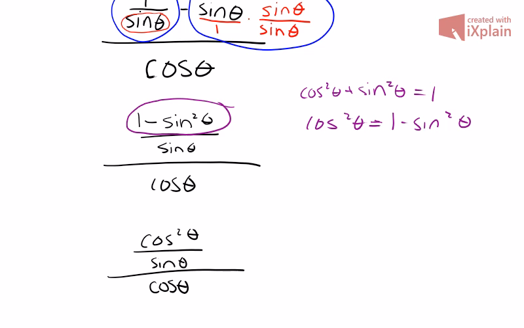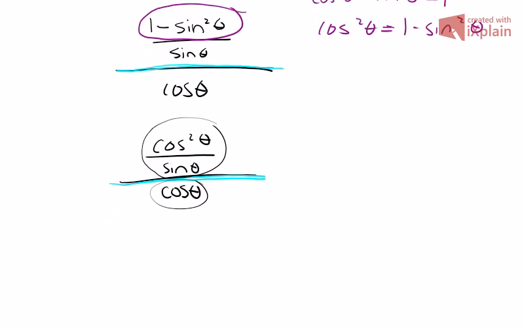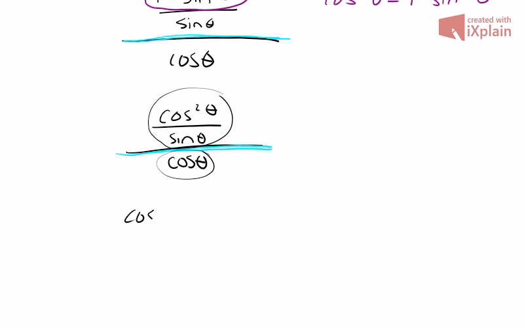All right, so now, one thing I just want to point out before we move on is that I'm writing this big fraction bar a little bigger just to clarify what goes where, to keep it straight visually and in my mind. So here I'm taking a fraction and dividing it by this. That's the same thing as taking this fraction, cosine squared theta over sine theta, and multiplying it by the reciprocal.